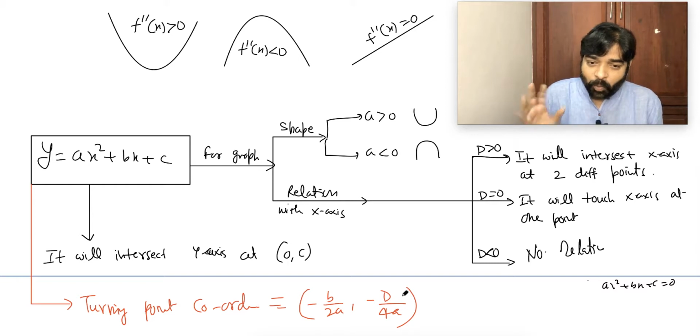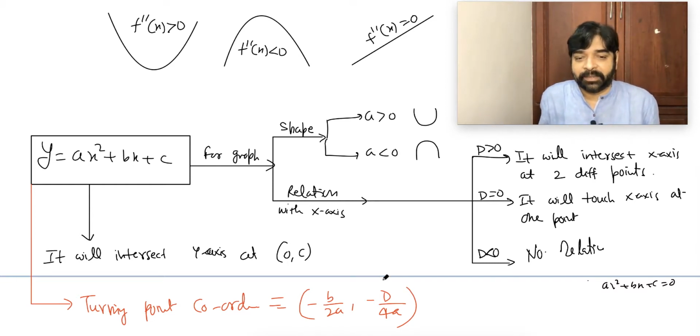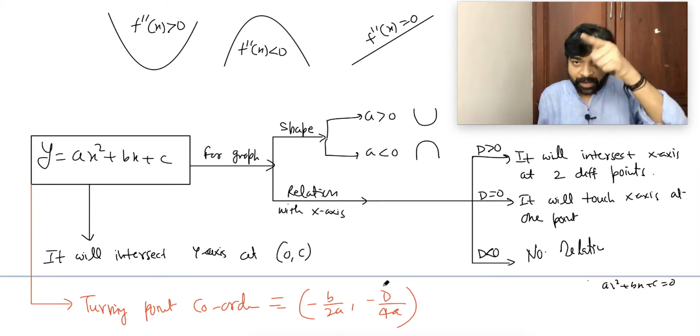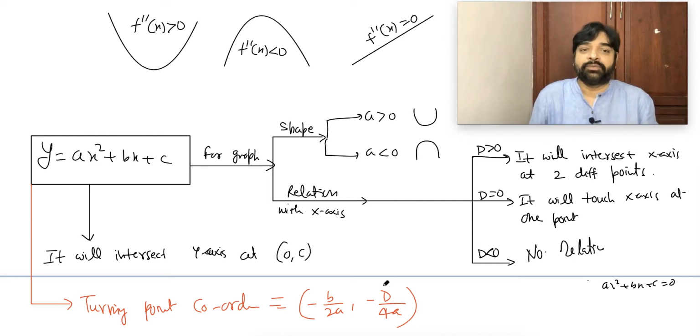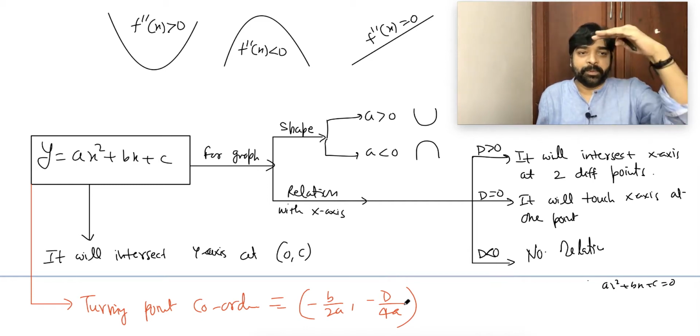If anybody asks what is the minimum value of the function, this is the minimum value. Graph is like this, so this is the minimum value. And when a is negative, this value will become the maximum value, because with a negative the shape will be this way, so that will become the maximum.